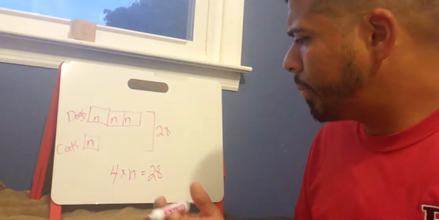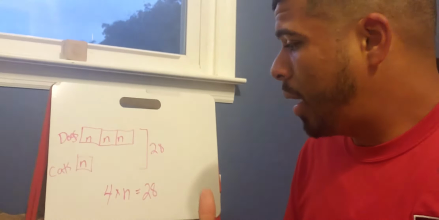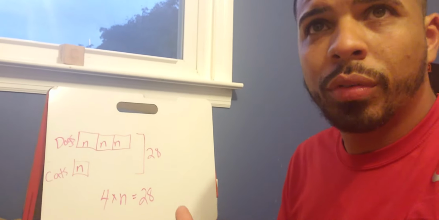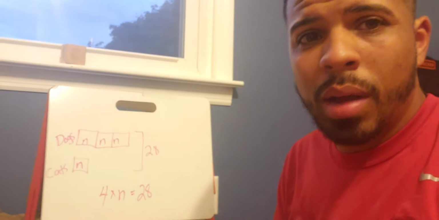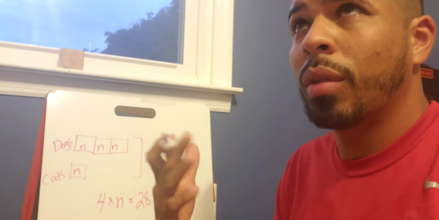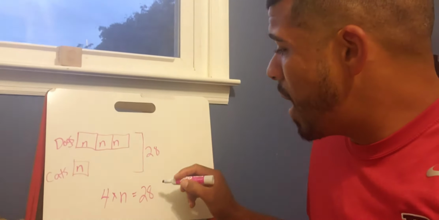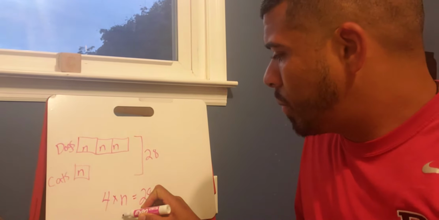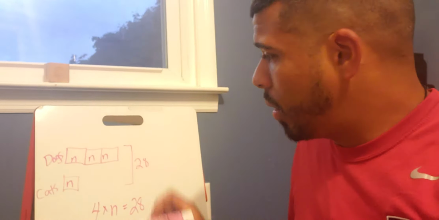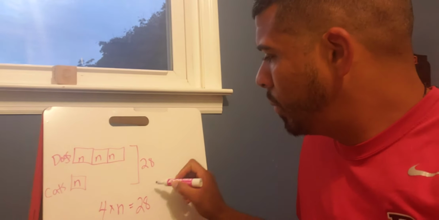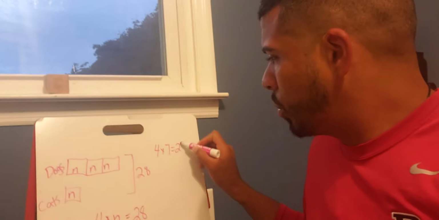Now all I have to do is simply count by 4s and list my multiples of 4 until I get to 28. For me mentally, I can count by 4s, and I know that 4 times 7 equals 28. So I know that the value of n equals 7, because 4 times 7 equals 28.